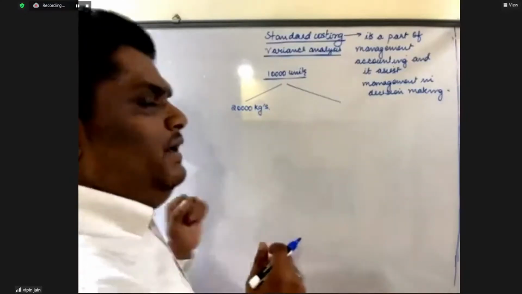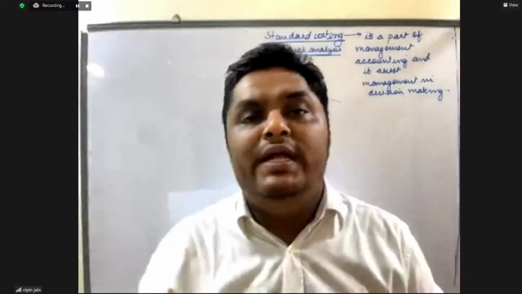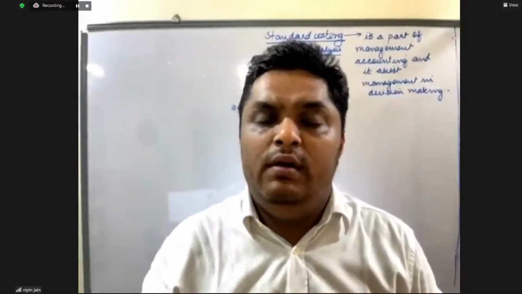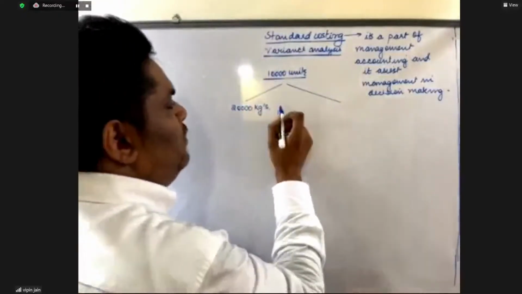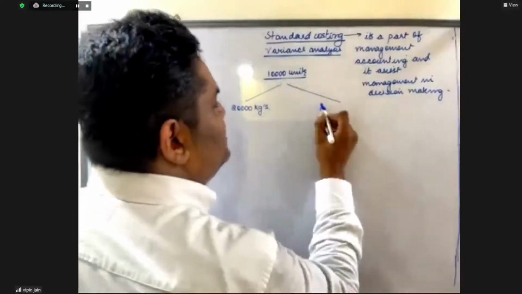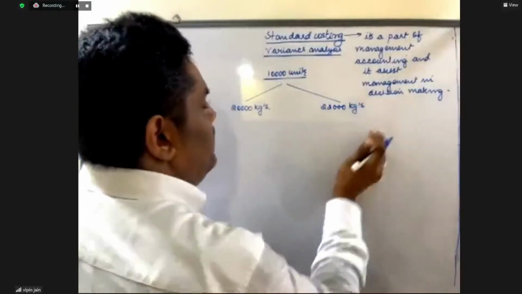This was my target. But when the actual figures were out, these 10,000 units were manufactured using 22,000 kgs of raw material.